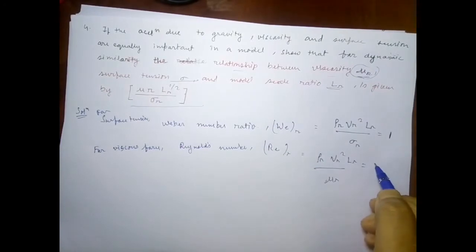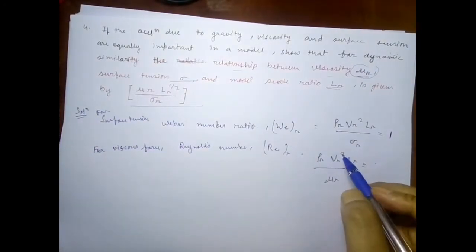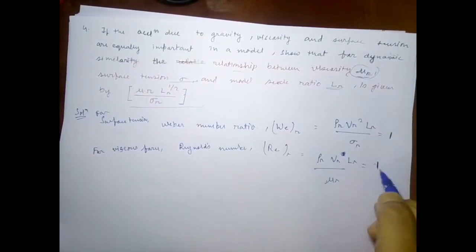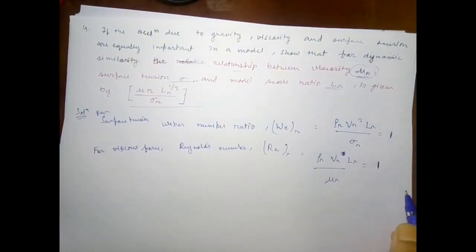Sorry, there won't be any square: rho r Vr Lr upon mu r is equal to 1.